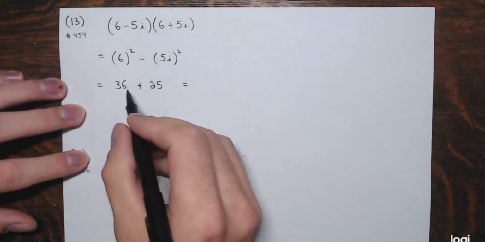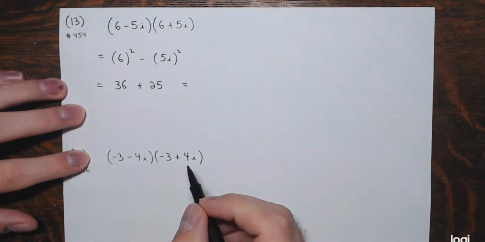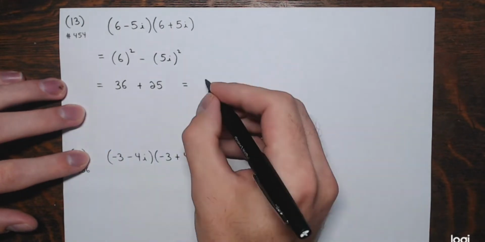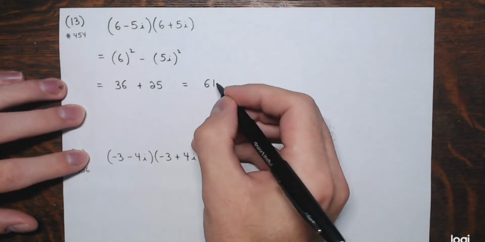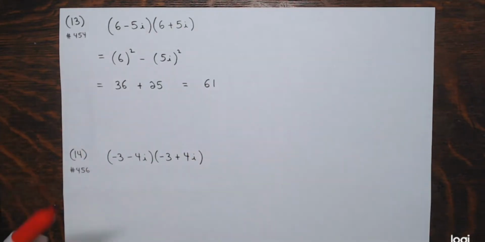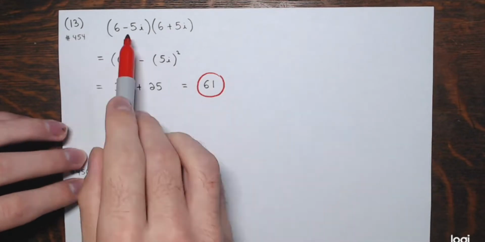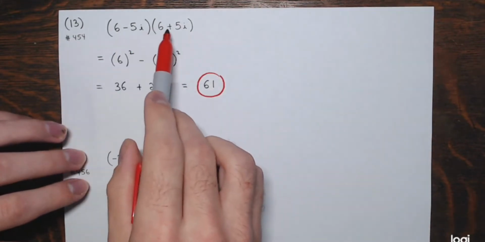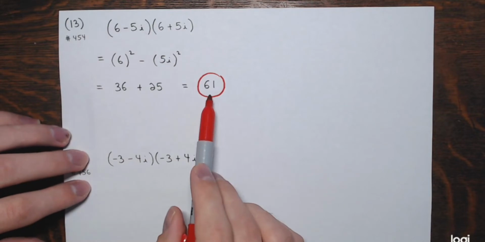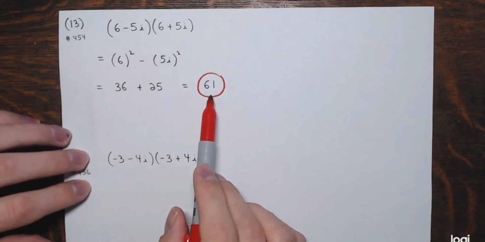And 36 plus 25 is 61. And that's it. And again, please notice that when we multiply complex number conjugates, you end up with a number that's real with no imaginary part.